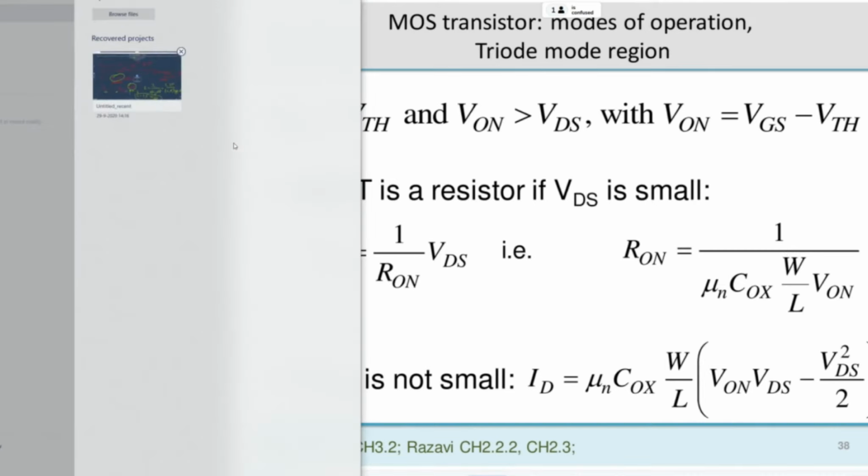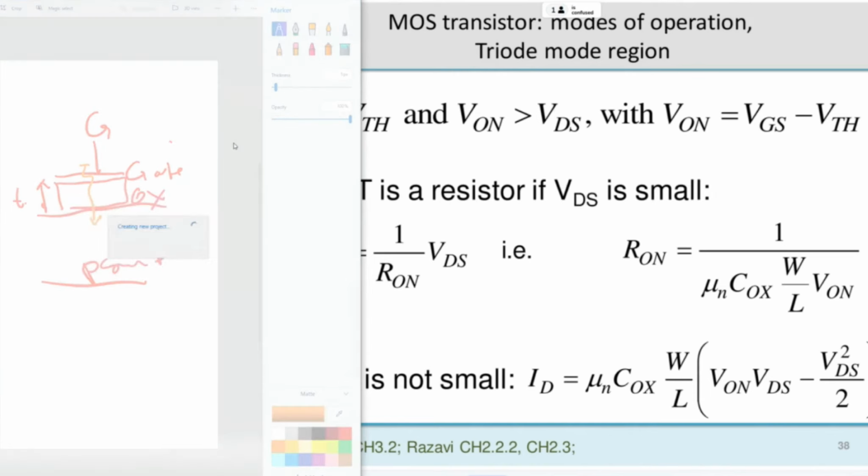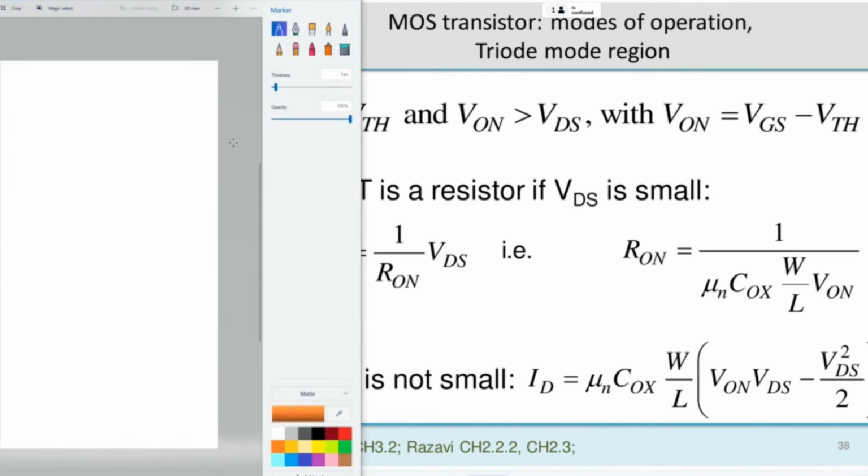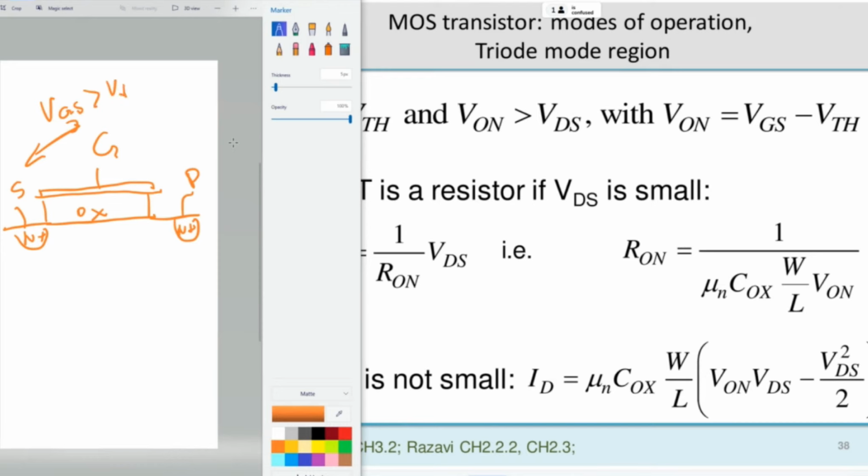Let's see. So I have now a gate here. This is the oxide. And n+ is the source. And n+ is the drain here. Now, the gate-source voltage is above threshold voltage.